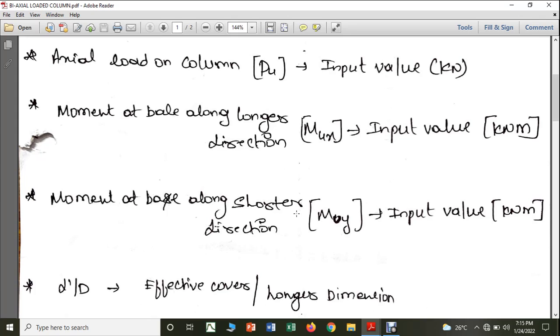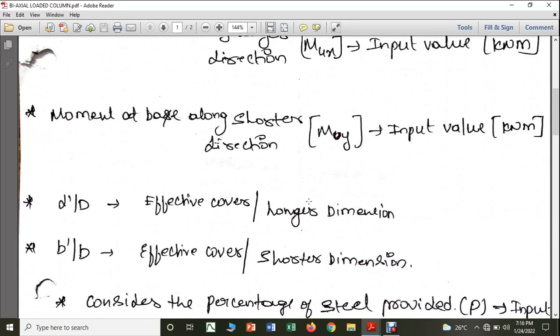If it is bending along the longer direction, then you take d dash by the longer dimension of the column. If the column is bending along the shorter dimension, then you take d dash by the shorter dimension of the column. That means you take any one value based on the bending of the column. Since here bending is present in both directions, we are supposed to take the d dash by D value twice. One will be d dash by the shorter dimension of the column, another will be d dash by the longer dimension of the column.